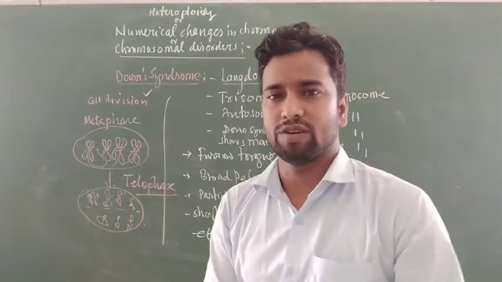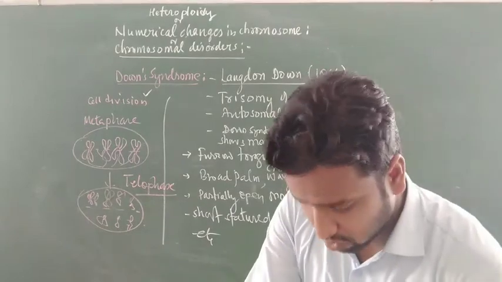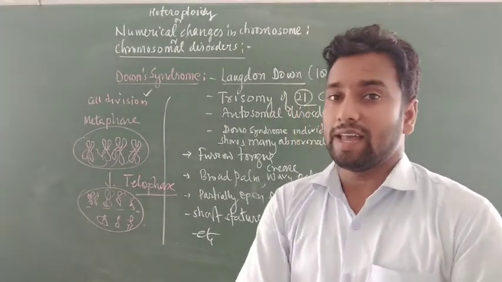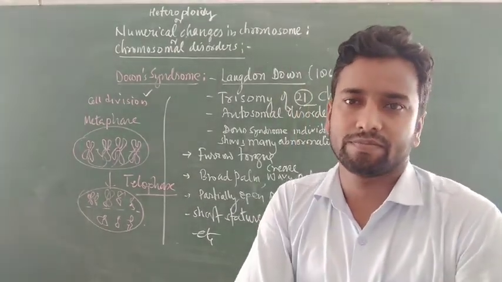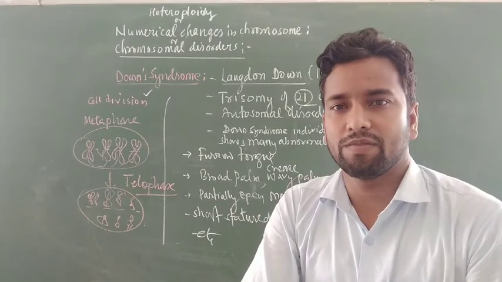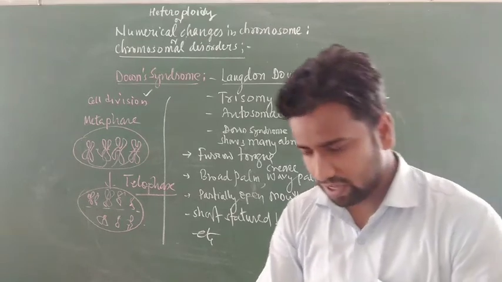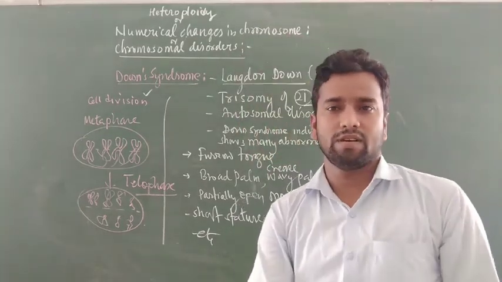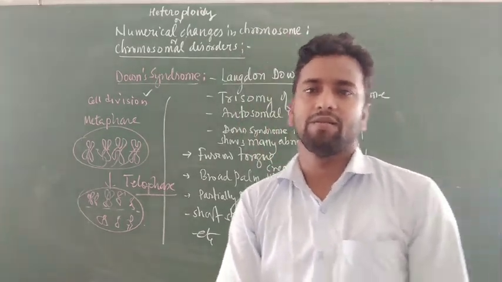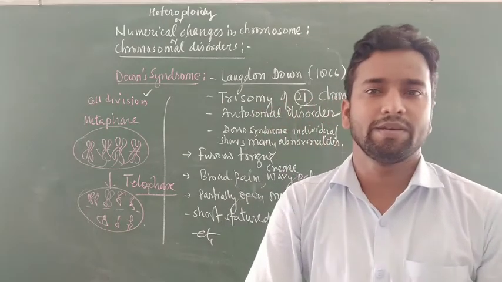That's why this type of aberration is found in chromosomal aberration. Students, chromosomal aberration is entirely different from Mendelian disorder. Mendelian disorder is stimulated by some chemical, physical or biological means, like different mutagens.